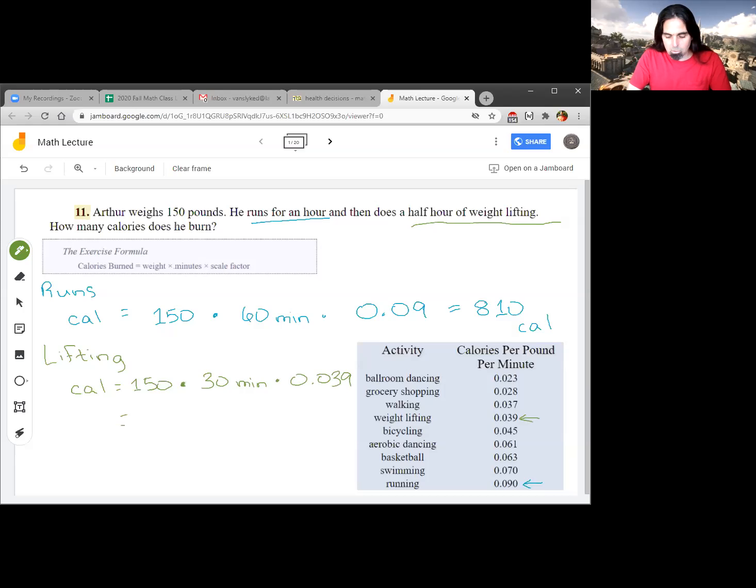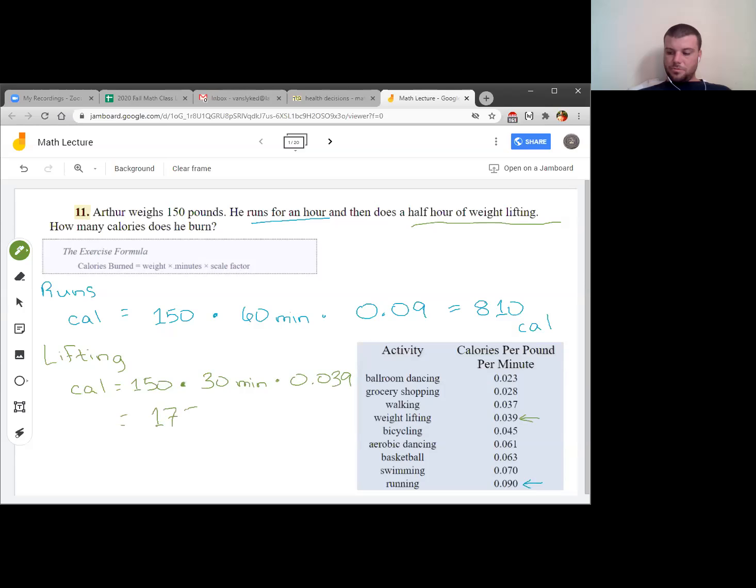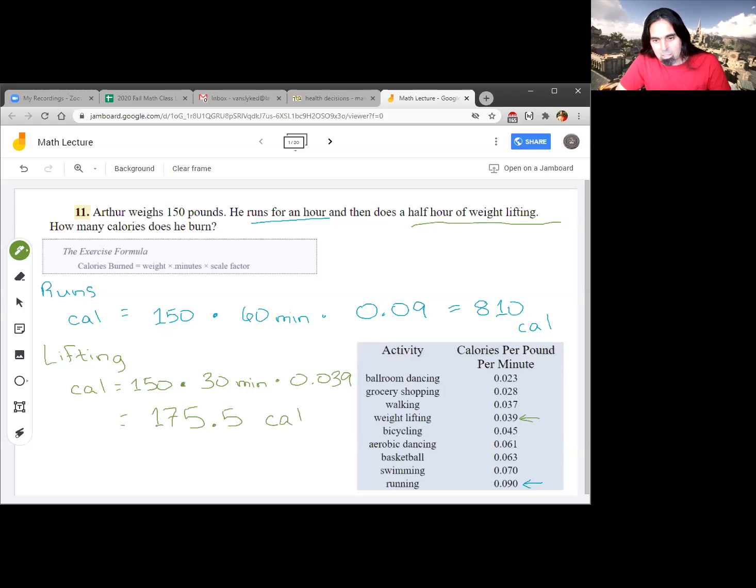So take out the calculator. 175.5 is not very aerobic with his weightlifting.